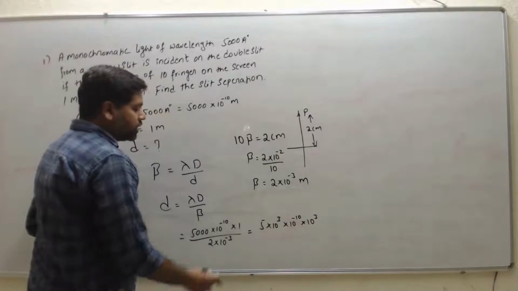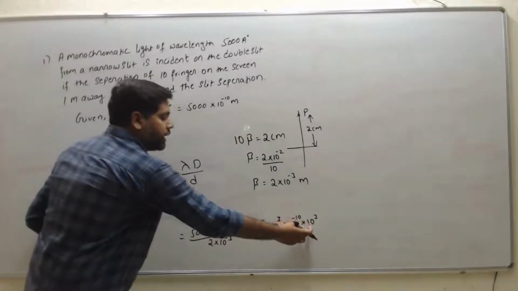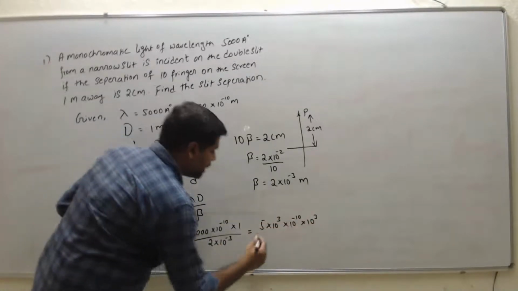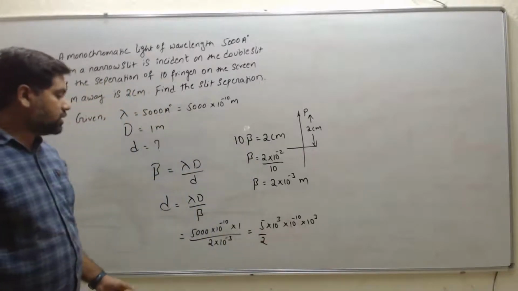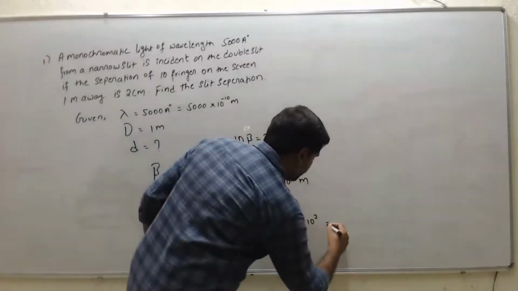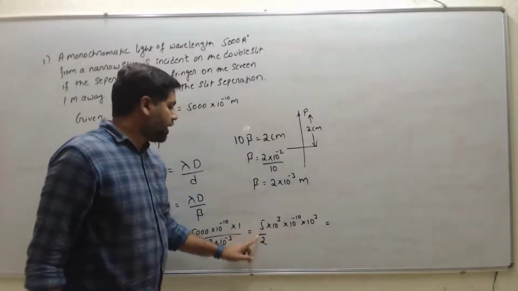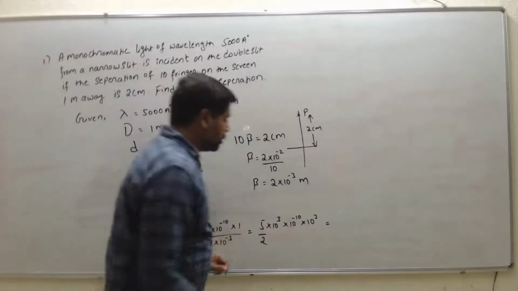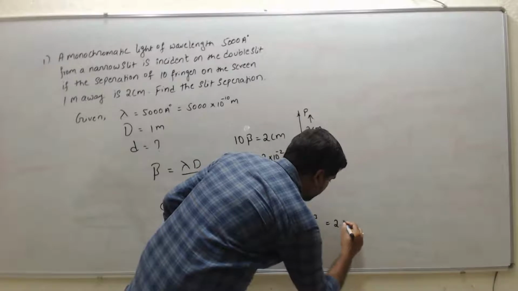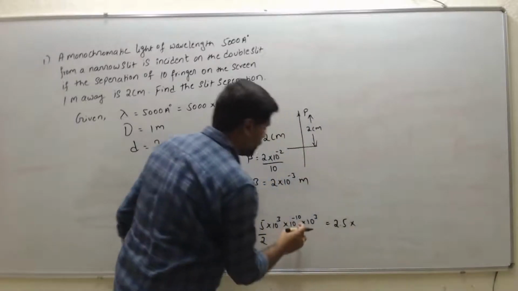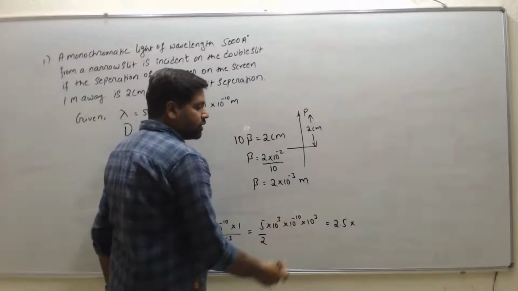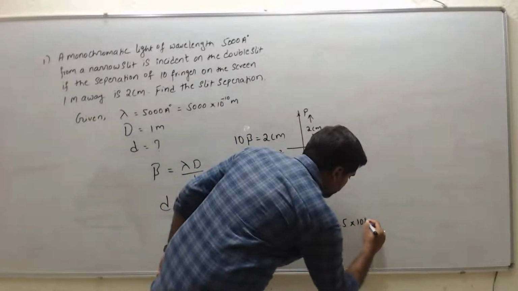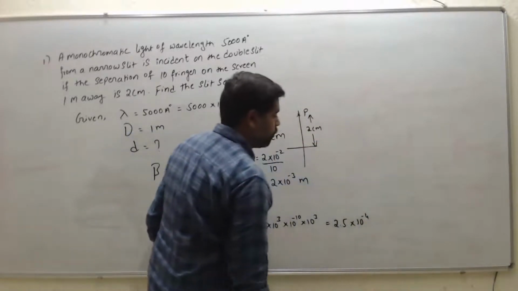10 to the power of 3 into 1 is into 10 to the power of 3. So remaining is 5 divided by 2. So the final answer is 5 divided by 2, which is 2.5 into, 3 plus 3 is 6, minus 10 is minus 4, 10 to the power of minus 4.